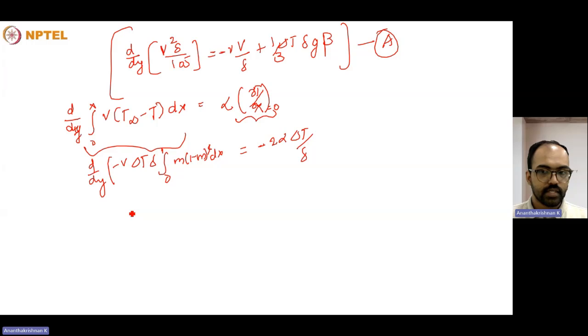So therefore, what we get is that this particular integral will be equal to 1 by 30.